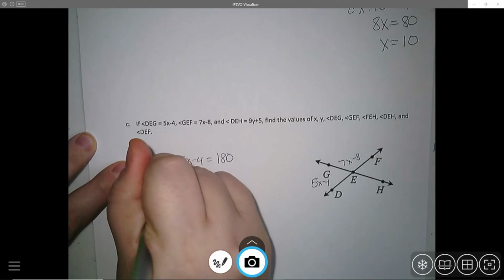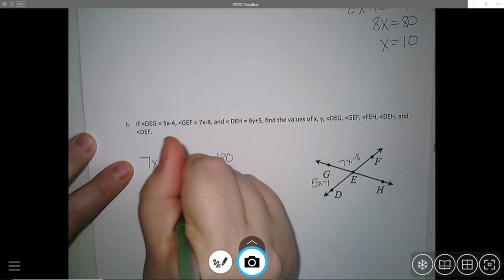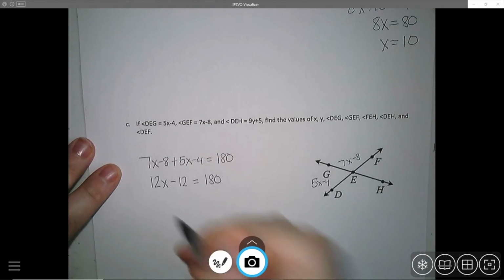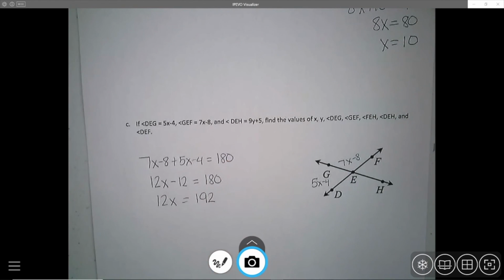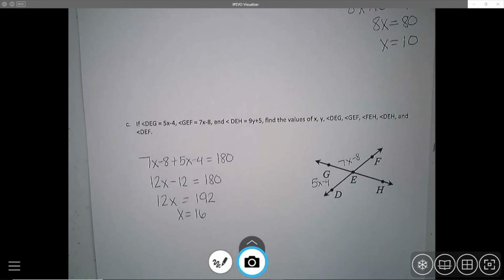Combining like terms, 7x and 5x is 12x. Negative 8 and negative 4 is negative 12, equals 180. This would be 12x equals 192 when I add 12 to both sides. 192 divided by 12, I get x to equal 16.